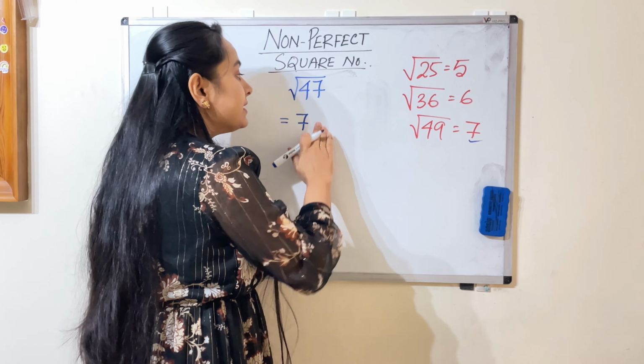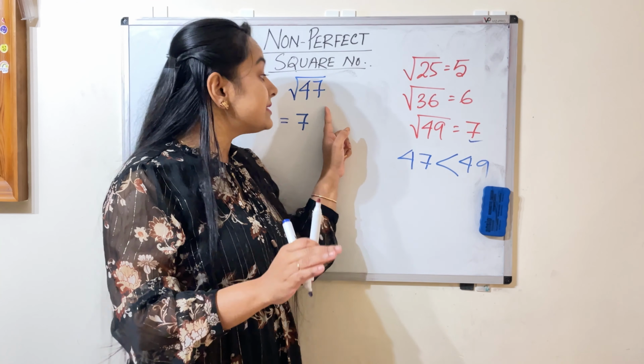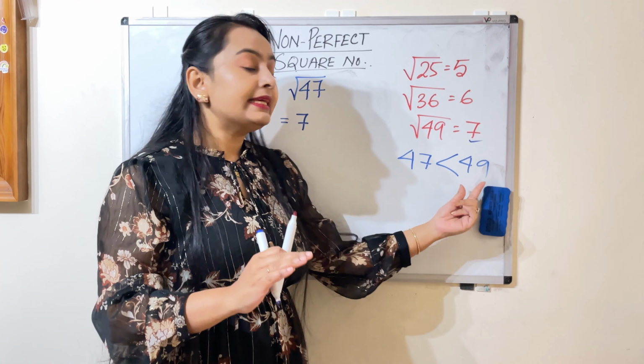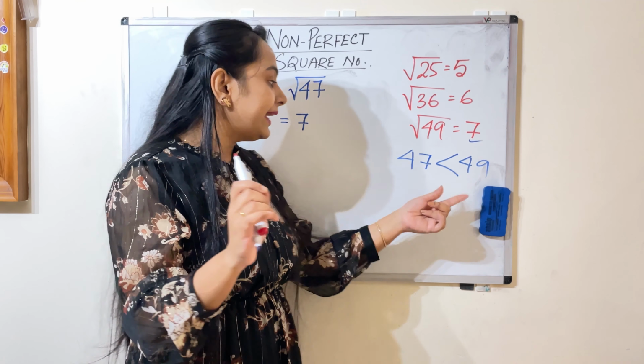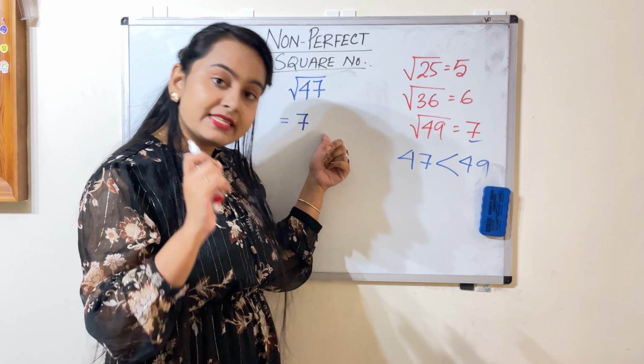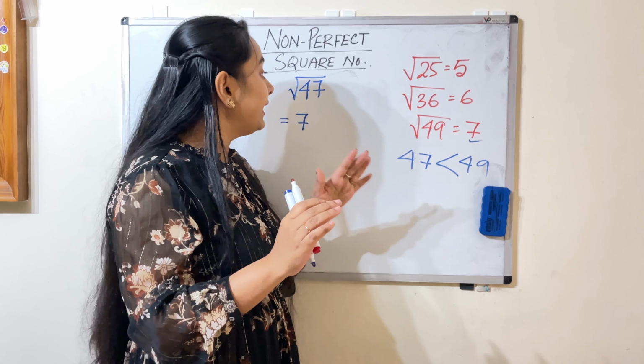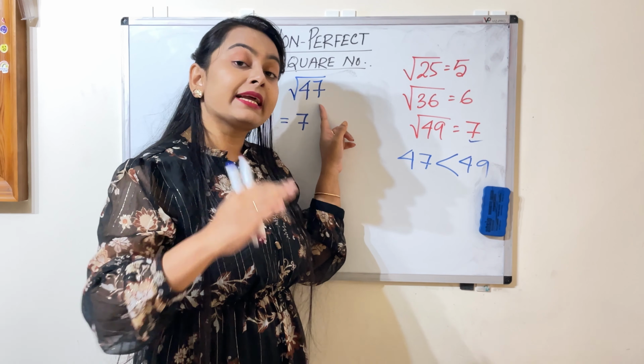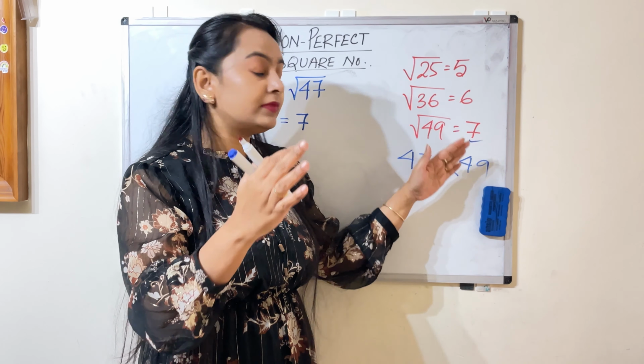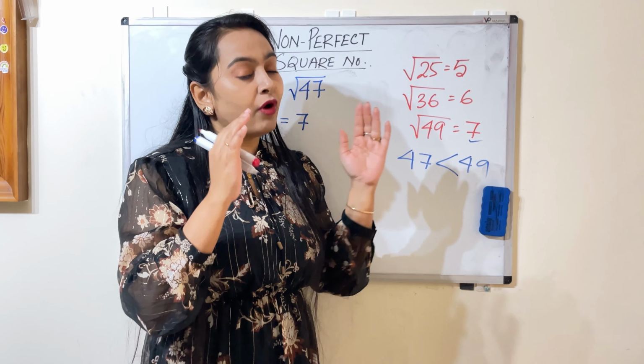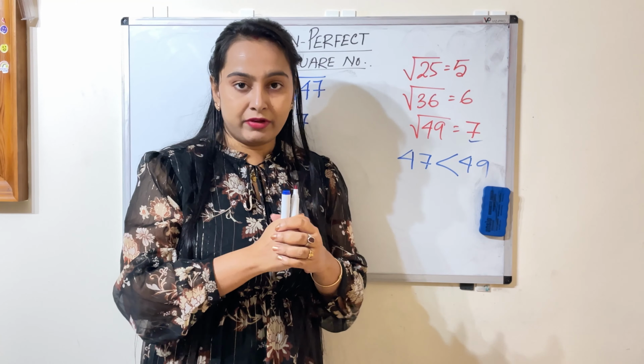Why? Because when the given number is smaller than the nearest square number, we always use the minus sign with it. And when the given number is greater than the nearest square number, we always use the plus sign with it, right?